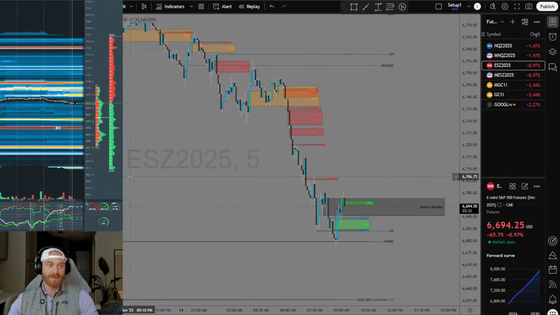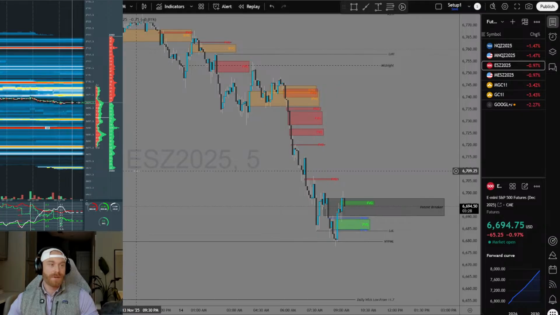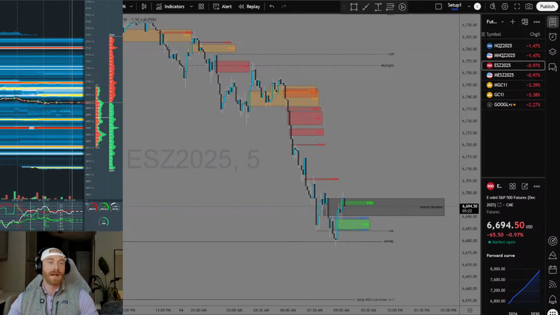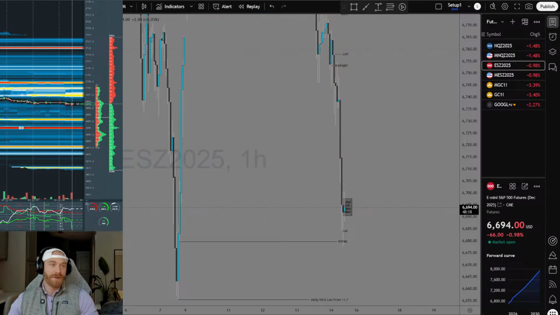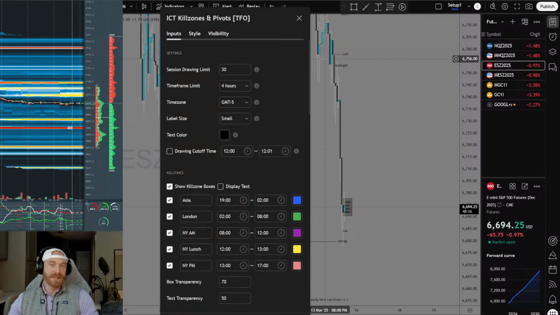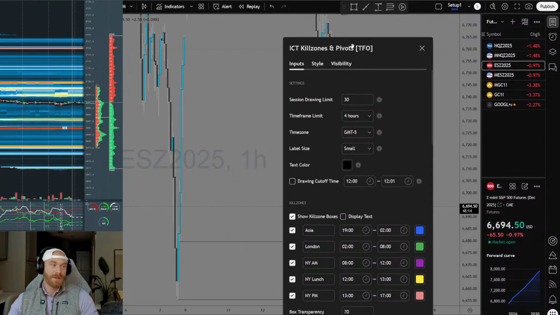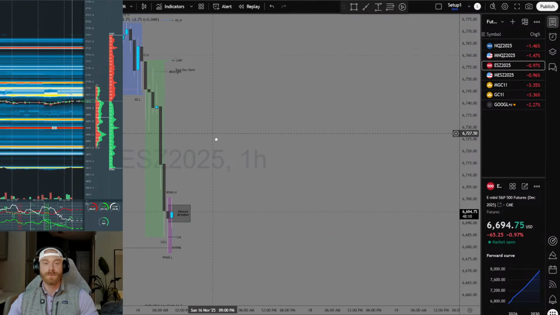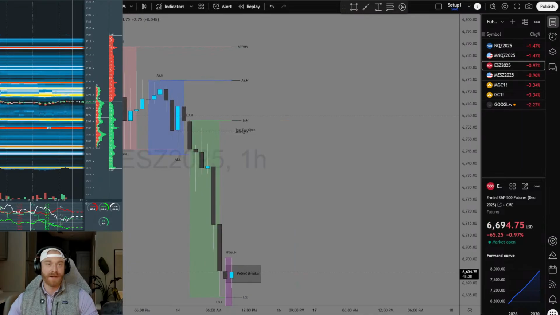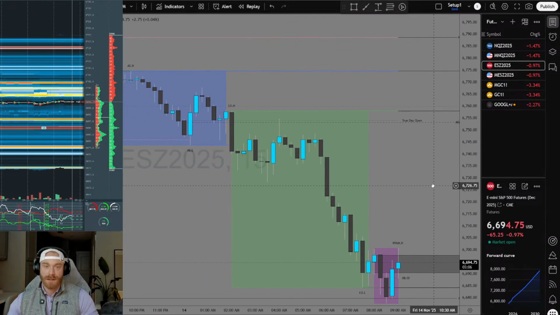Exactly, Coop. Okay, but like the bottom of the hours or top, how do you know when marking it? Oh, I got you. Here, I'll show you. So this indicator, if you use the ICT kill zone and pivots, like I use to mark out the sessions, it also marks out midnight for you. So I'll drop to a lower time frame.